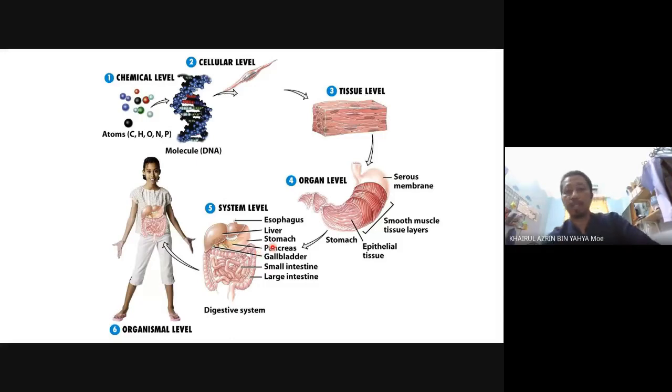So like this, organ level, we have a serous membrane, small muscle tissue layers, epithelial tissue, stomach, and then for the system level here, we have esophagus system, liver, stomach, pancreas, gallbladder, small intestine, and large intestine. All of this we call as digestive system. And many systems combine become human, like this organism level.